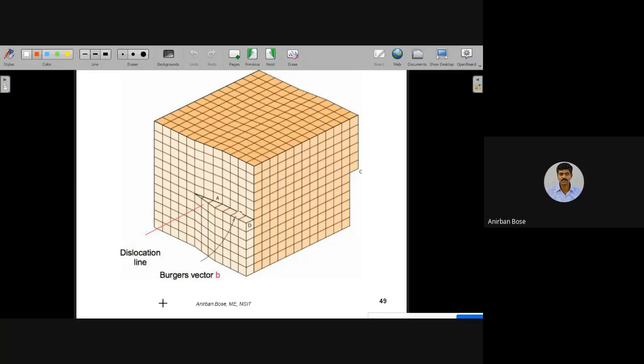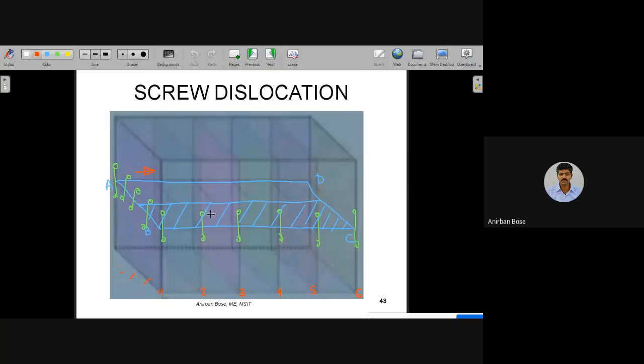The defect, if you observe carefully, see these portions you have already cut, right? So this portion will simply slip, no problem. But you just consider this region along that line. Let us consider this line is HG.